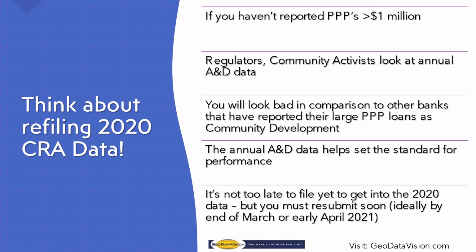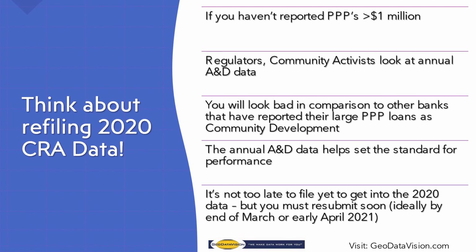While the official filing deadline passed on March 1st, it takes a while for the FFIEC to compile all the information, and usually it's not too late to have your refiled data included in the public data that will be released later this year if you get the refiled data into the FFIEC by the end of March or the early part of April.